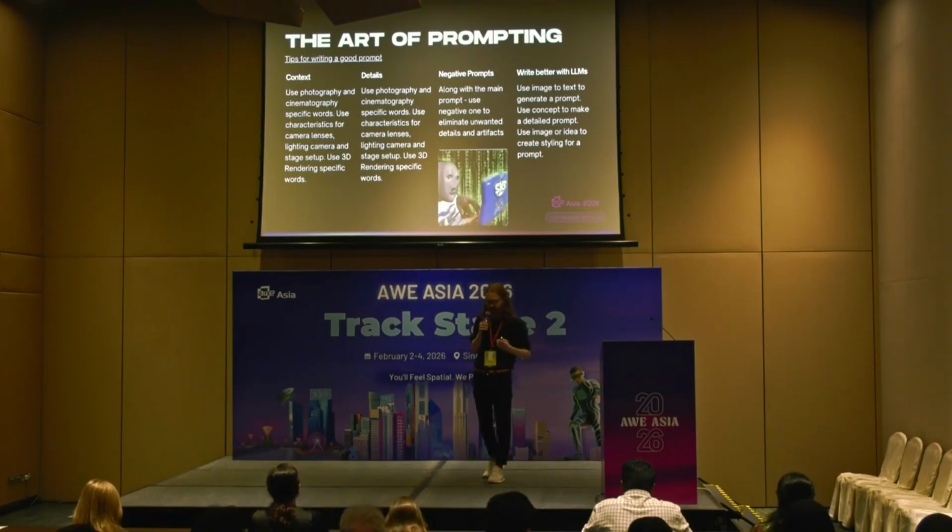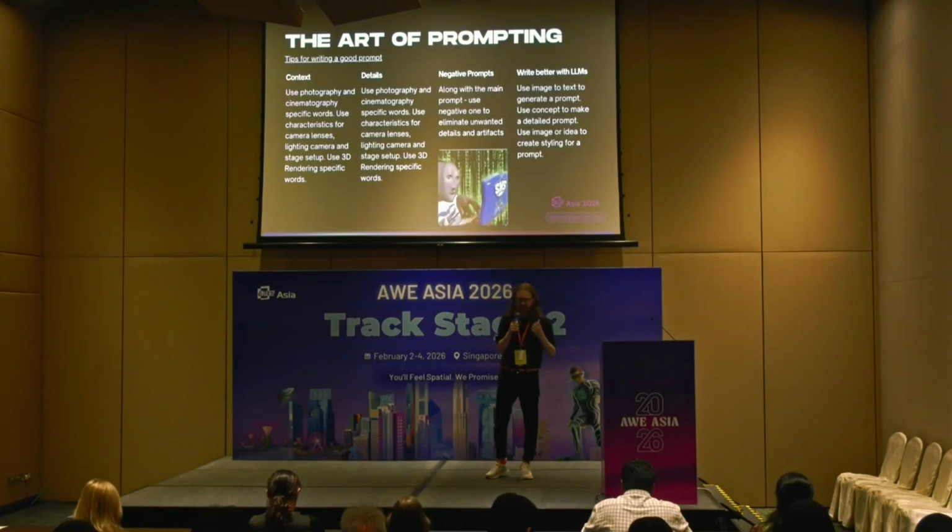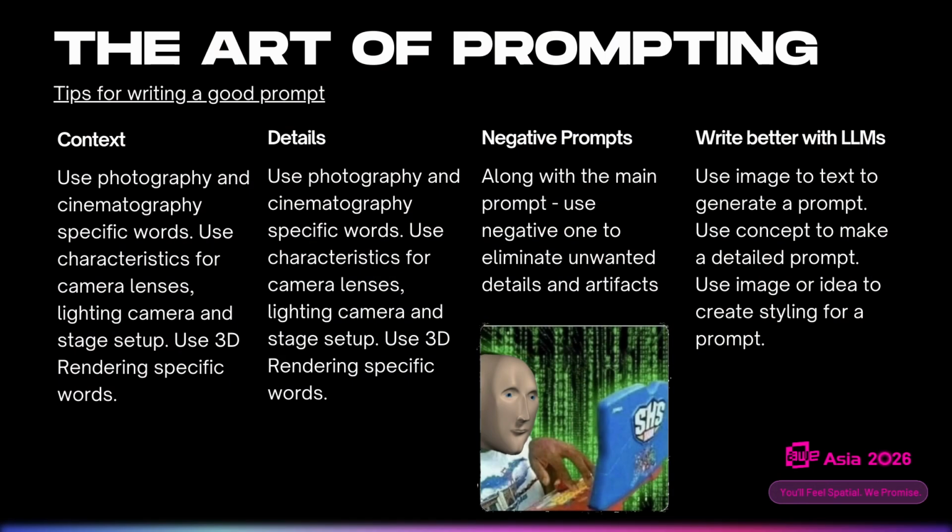You have to express what you need to do in a particular way. And writing prompts is becoming a very important part of the process. A few things I want to mention on how to write a good prompt: mention the context, mention details, write negative prompts, and use other LLMs to help you write prompts.